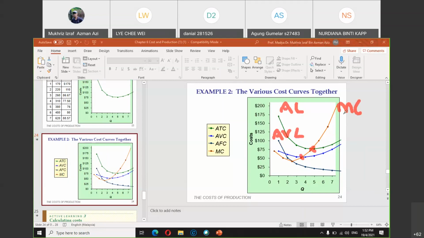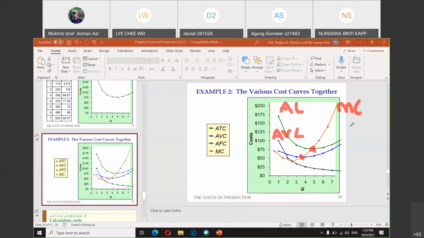The marginal cost curve will always cut or intersect average cost and average variable cost at the minimum point. So the point where MC cuts AC, this point, and MC cuts AVC, this point, these two points are the minimum point for each of the curves. This point is the minimum point of average cost. This point will be the minimum point of average variable cost.